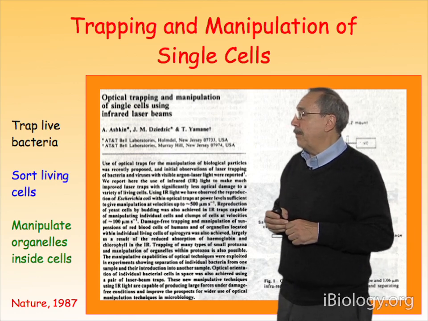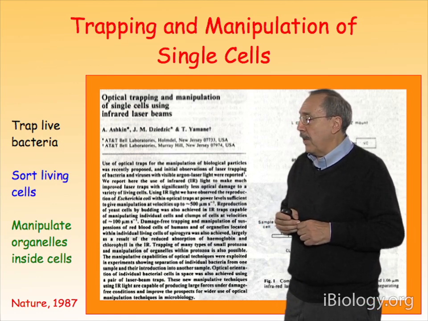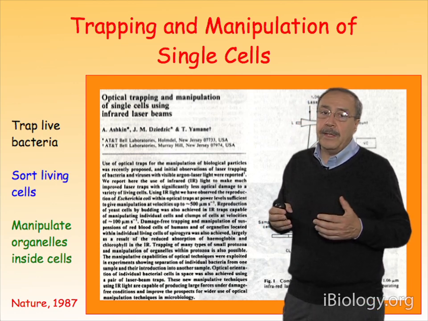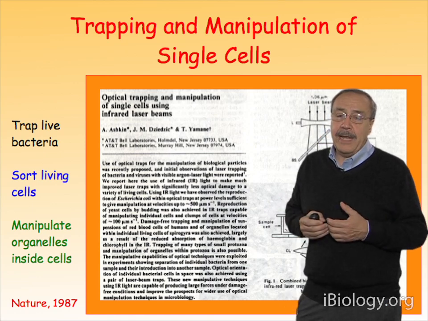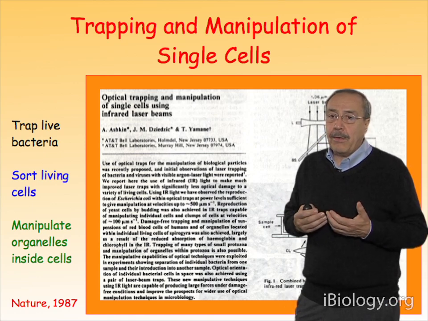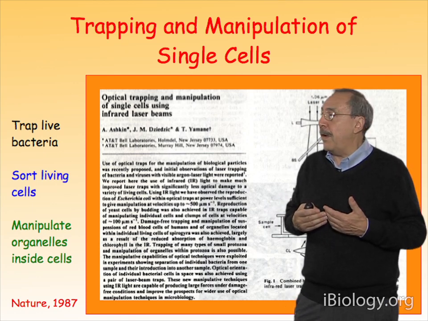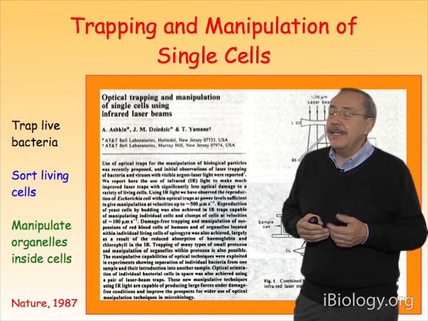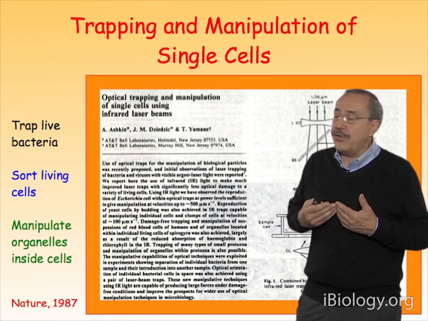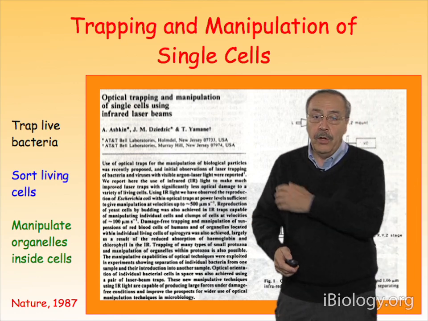In this particular publication in 1987, they also realized that instead of using visible light, using infrared light made it possible to diminish the damage that the radiation could do on the biological systems.